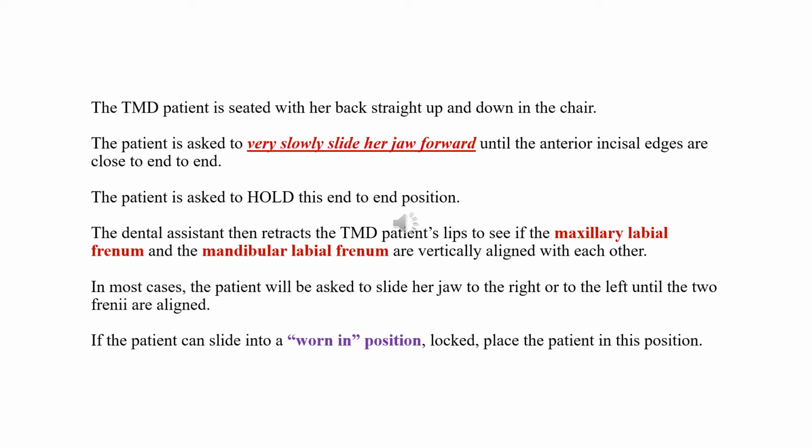Then the dental assistant retracts or pulls the lips open, the TMD patient's lips, to see if the maxillary labial frenum and the mandibular labial frenum are vertically aligned with each other. They have to be right above and below each other, aligned exactly. The mandibular and maxillary labial frenums, labial means lip, are anatomical structures in the body that are supposed to be aligned, right?